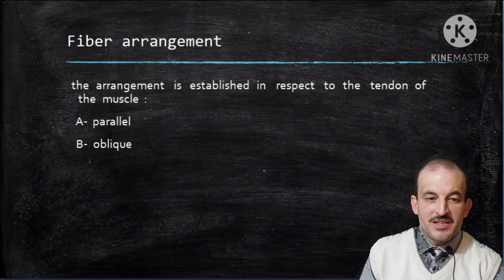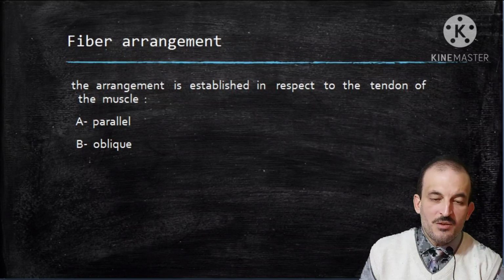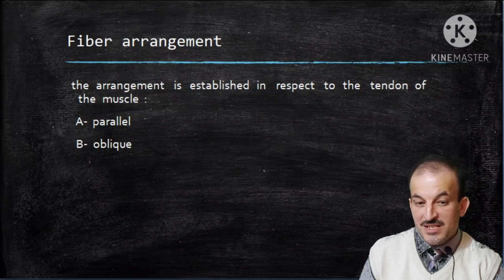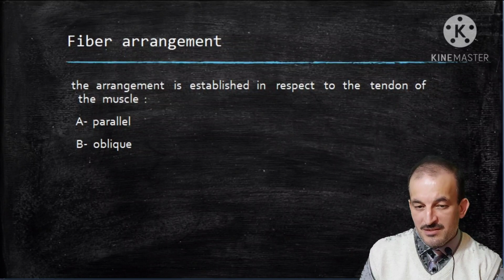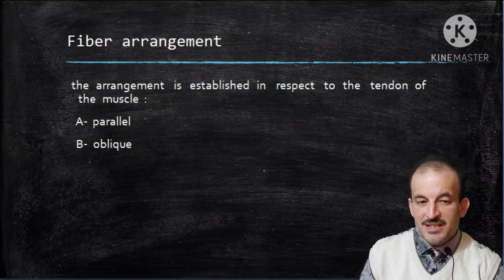Another classification depends on the arrangement of fibers of a given muscle. The arrangement is established in respect to the tendon of the muscle. I mean, whether the fibers are parallel to the tendon or at an angle to the tendon.